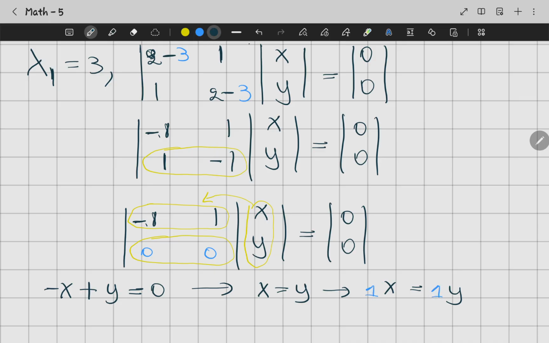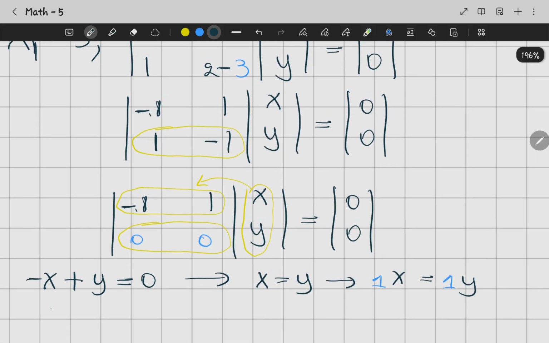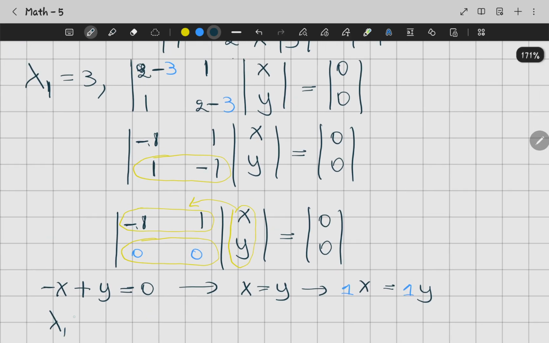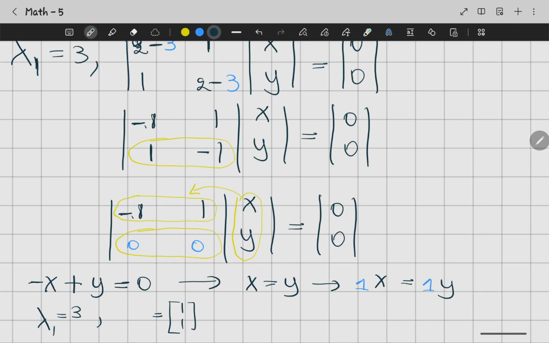So for the eigenvalue of 3, the answer that we got for x and y is 1 and 1. This is what we got with the first one.